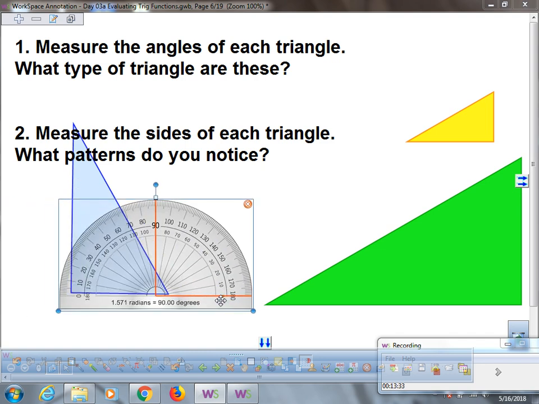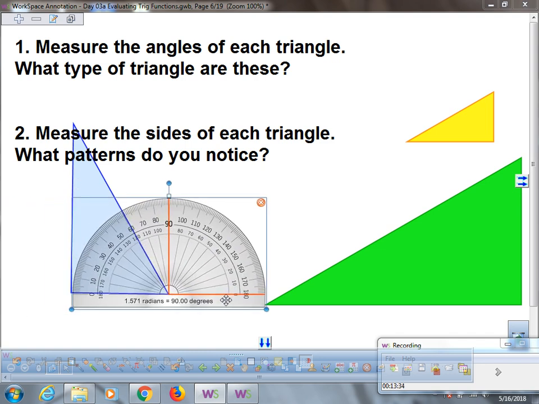I want to measure this side. There we go. Does that look like it's lined up pretty good? That measure says 118. It's probably more like 120.